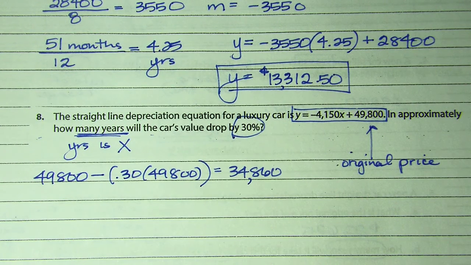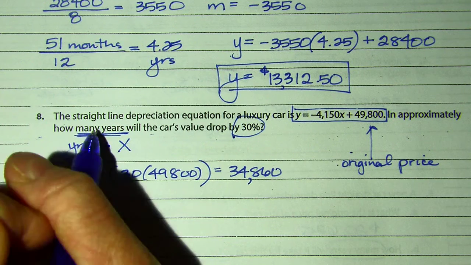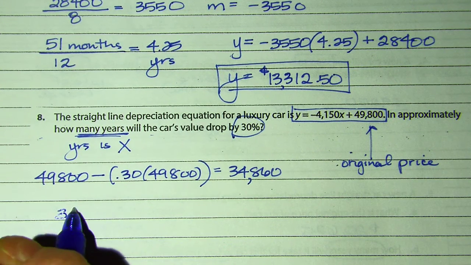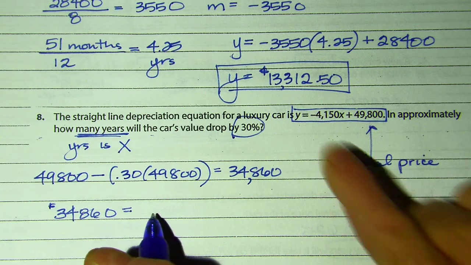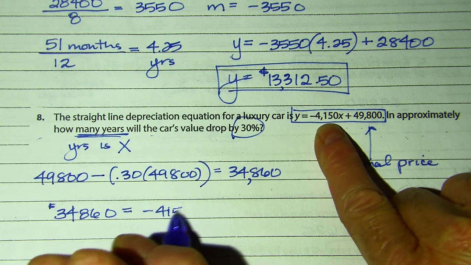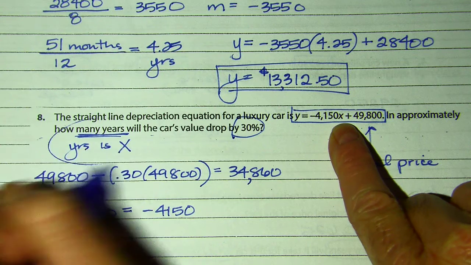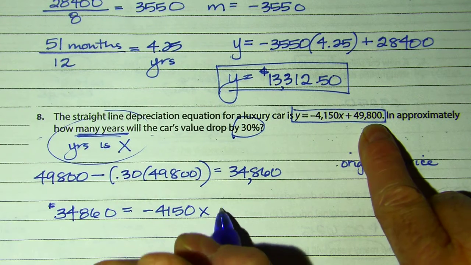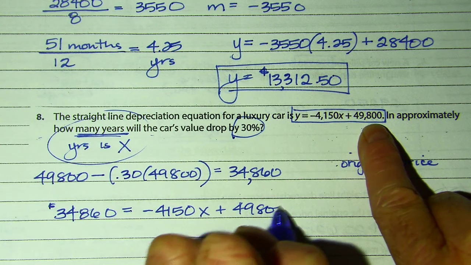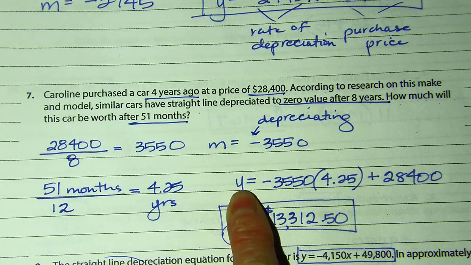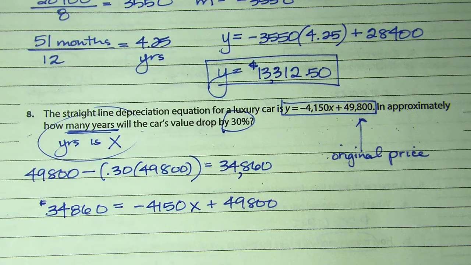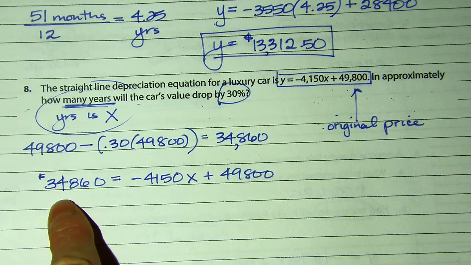All right, so they're asking how many years. So 34,860 is my value, equals, here's my equation, X, I don't know X, I'm looking for X, plus 49,800. So in number 7, I was solving for Y, how much it's worth. Now I'm solving for X, how long it'll take to be worth that amount.